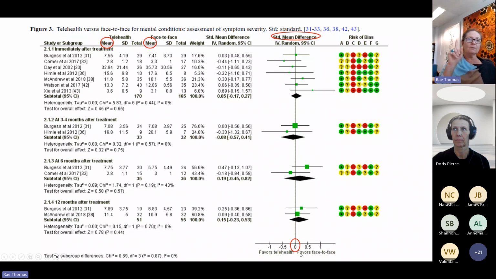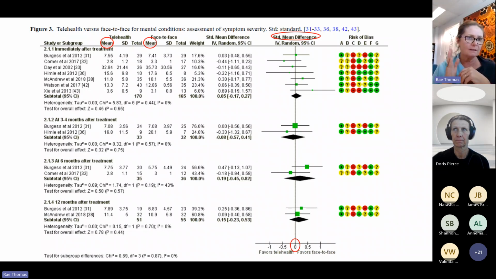The other thing I really want to orient you to with a forest plot is that very large vertical line that goes all the way down there, right? That vertical line represents the no difference line, right?